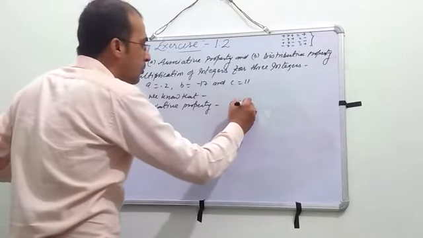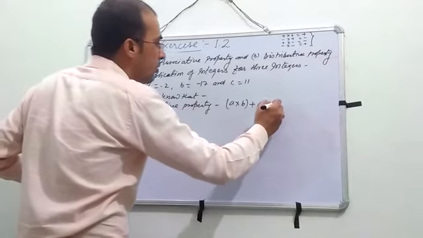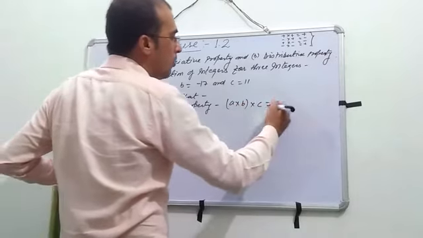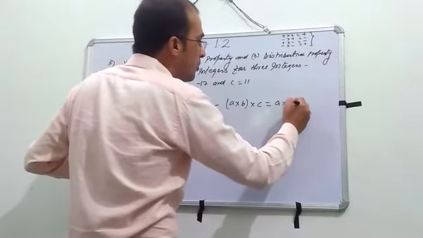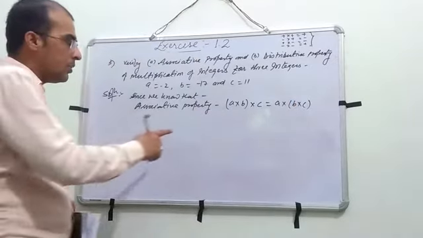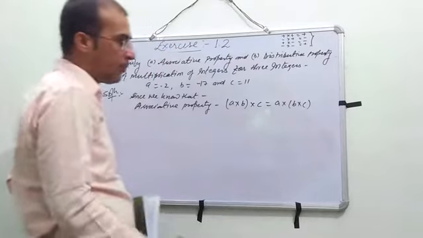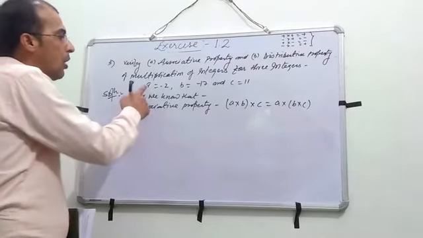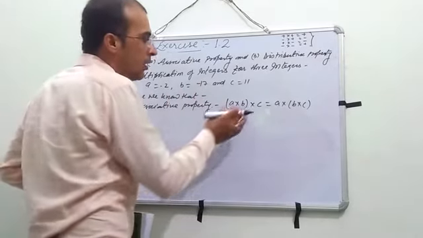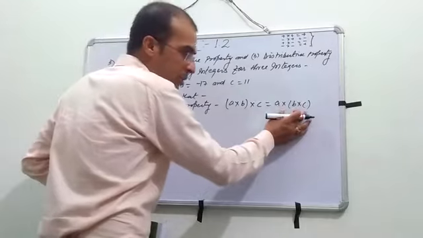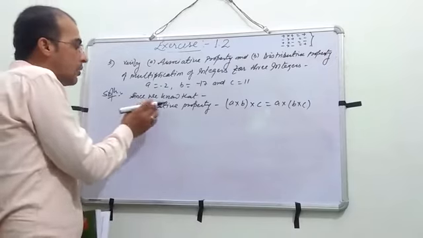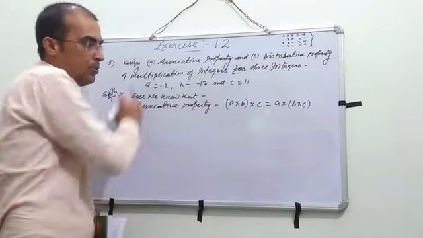A into B plus C equal to A into B into C. Is it clear? This is associative property. You will put the value of A equal to -2, B equal to -17 and C equal to 11 in LHS and RHS also. If the values are same, we can say that the associative property is true for these values.